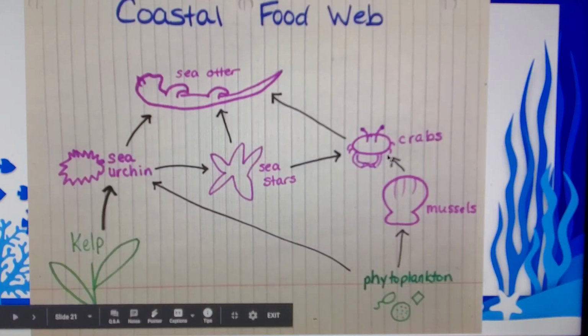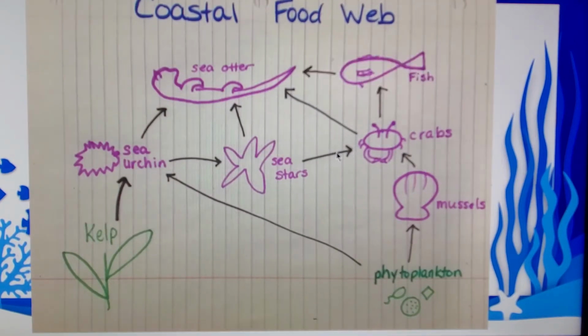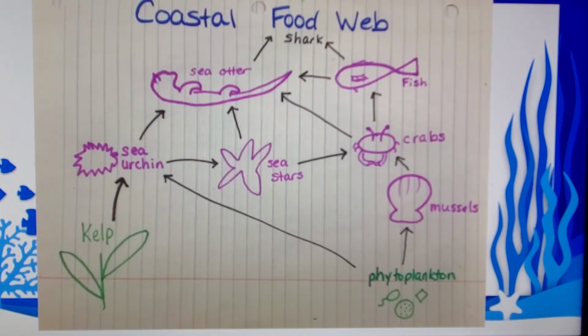Crabs like to eat mussels and they eat sea stars. And energy from crabs goes to sustain fish as well as otters. Remember, as you are following the arrows, they mean the movement of energy from one organism to another. And then at the top of this particular food chain are sharks. They're the top predator here.